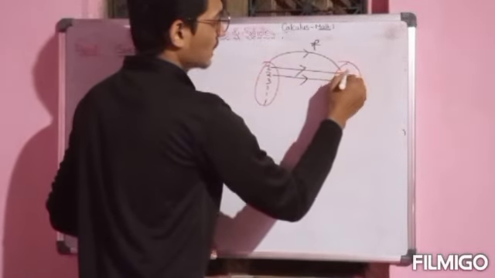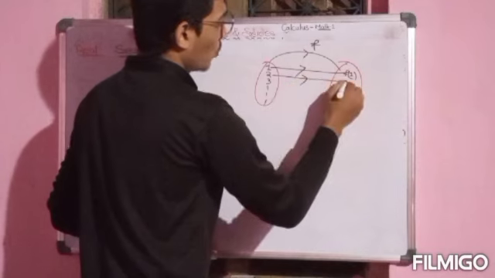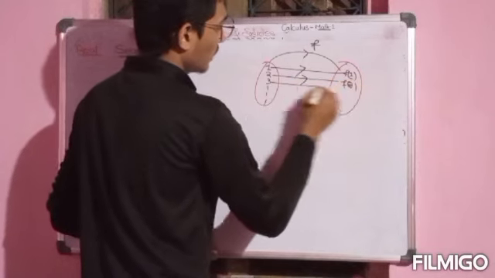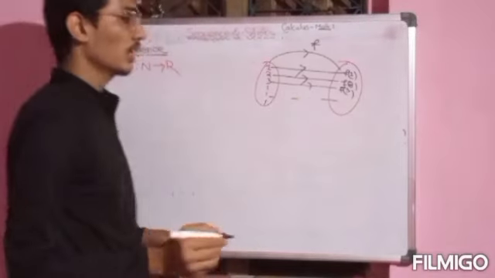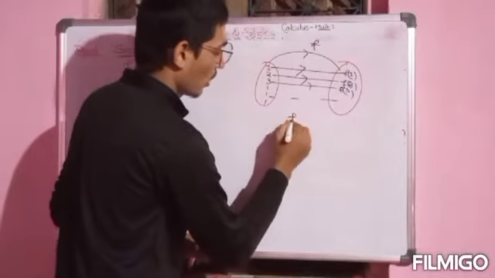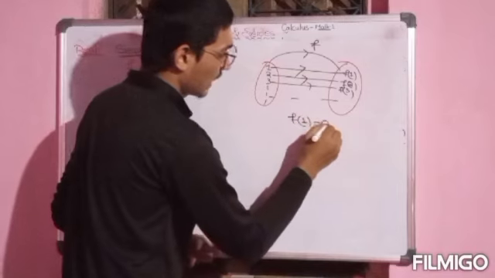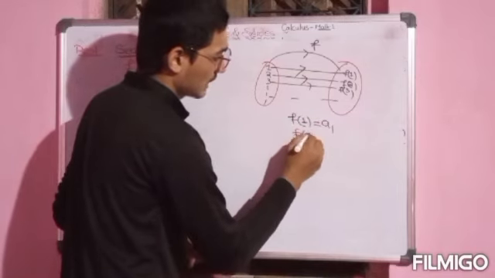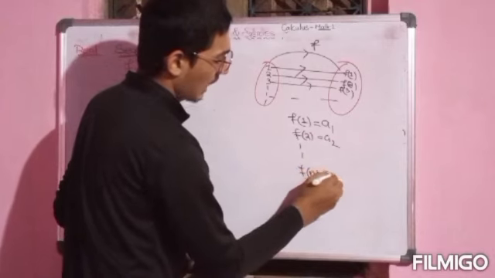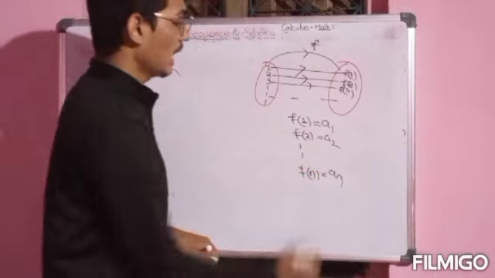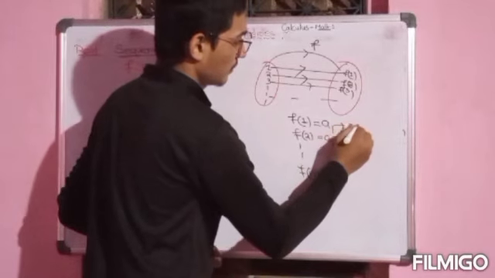For 1 the image is f of 1. For 2 I can write f of 2. For 3 I can write f of 3, like that. Okay, and I will call this f of 1 as a1. I can denote f of 2 as a2, f of n as an. I will call this the first term.